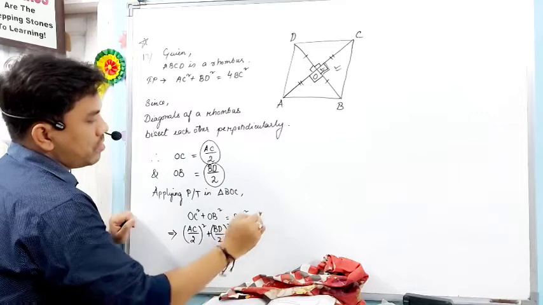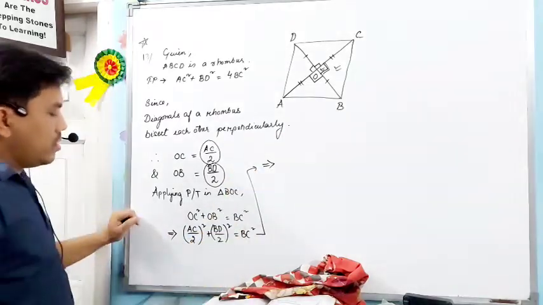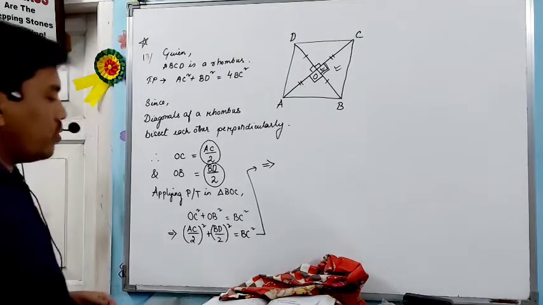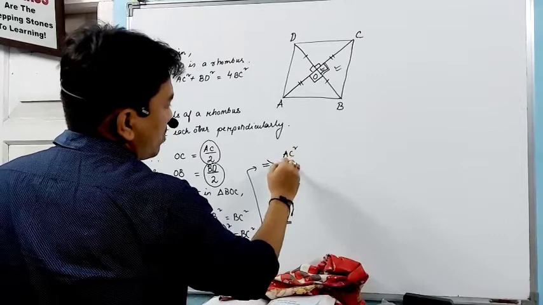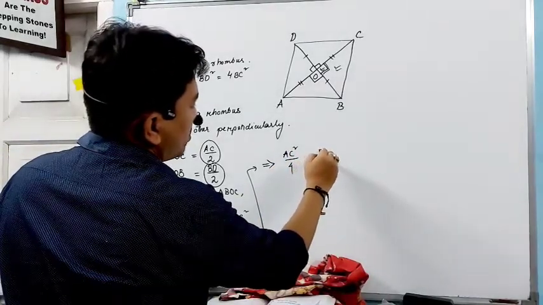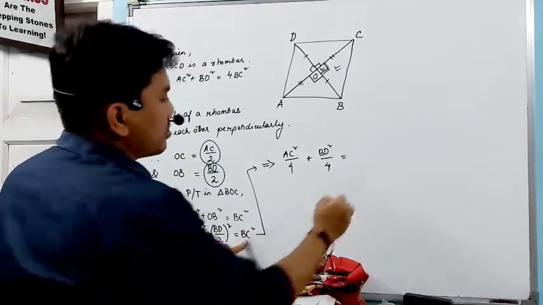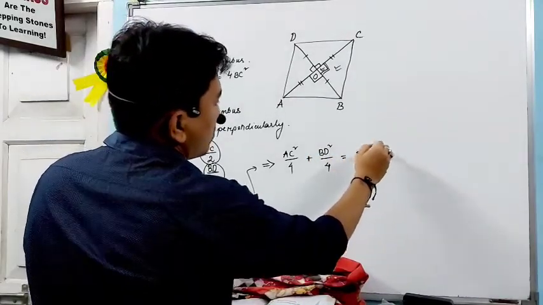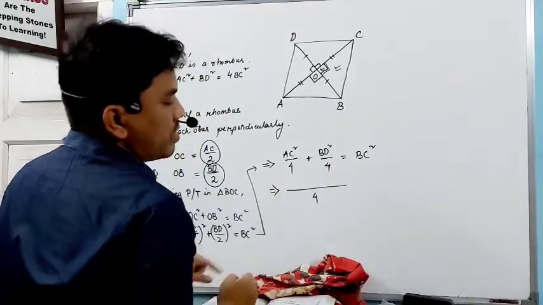Okay. Alright. Now, let us come to here. AC by 2 whole square, when you open the bracket, will become AC square by 4. Similarly here, you will get BD square by 4, equal to BC square. Now, let us take LCM. What will be the LCM? 4 will be the LCM.